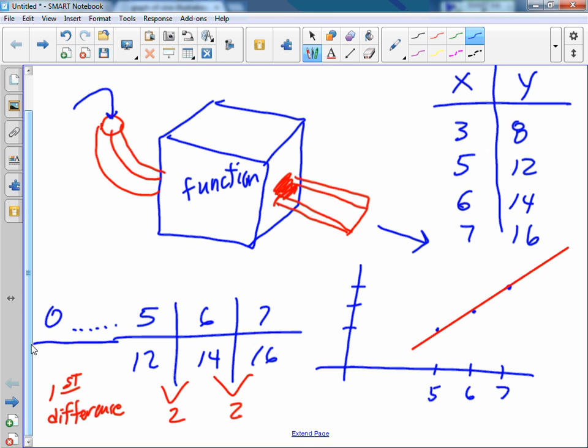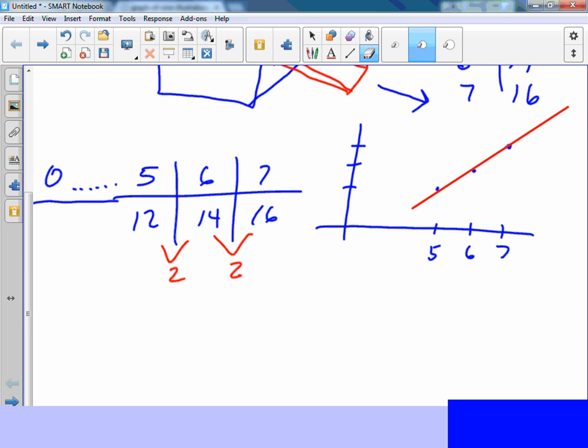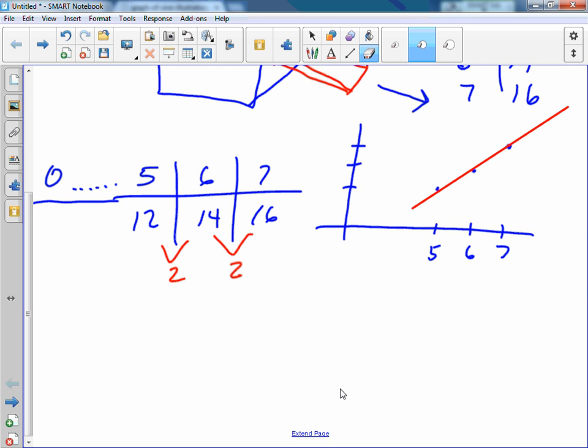If we know it's a linear function, we know that first difference. What would the 0 term be for this one? Figure it out. Find that 0 term.